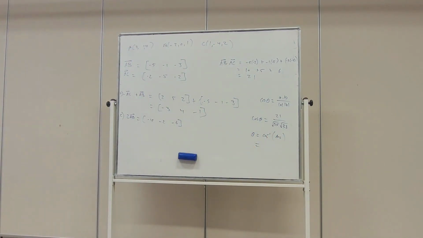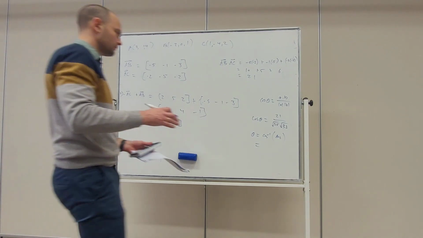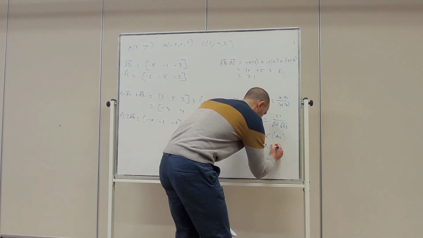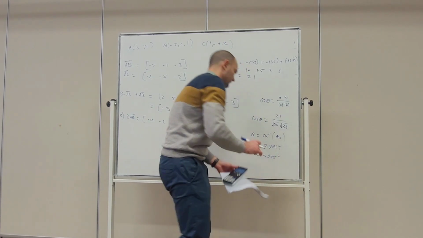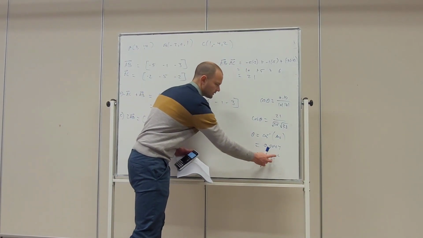So 3 significant figures. Cos theta is 21 over the square root of 35 times 33, so theta is 0.9047 radians, which is 0.905.